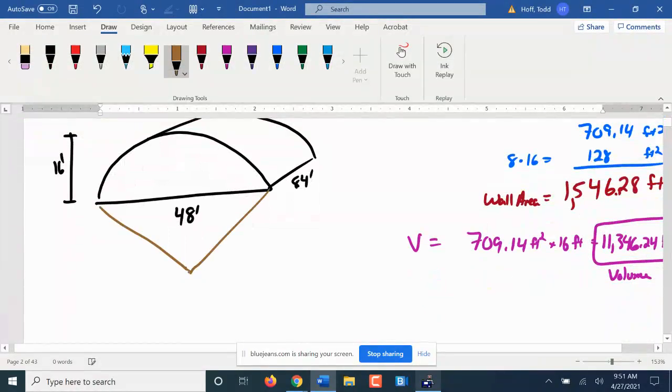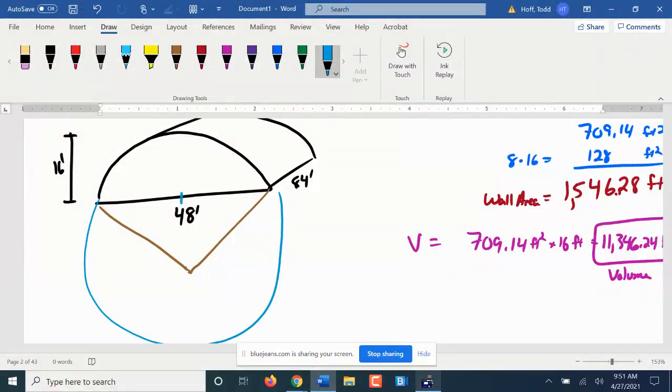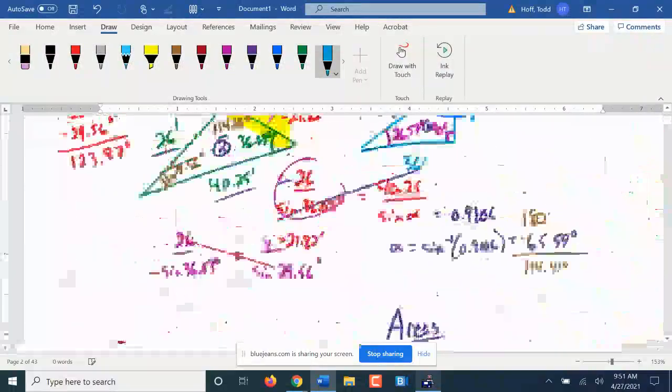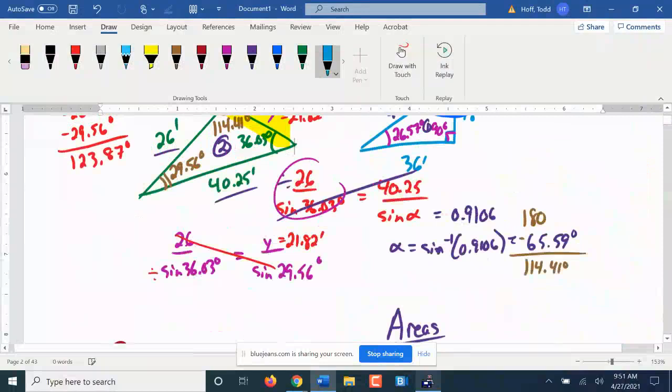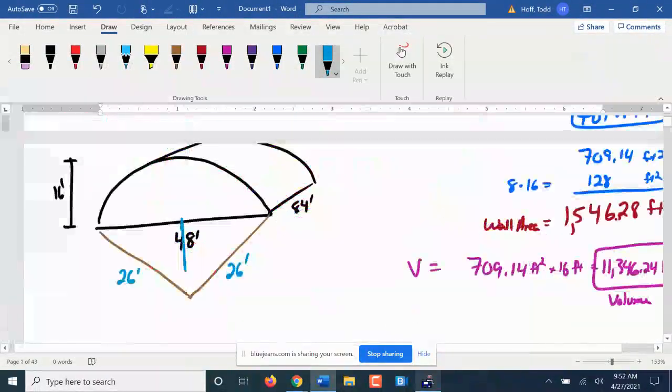So I need to find this radius here. Of course, I'm going to do that by finding the whole circle. We already found that radius, from the previous part, has to be 26 feet. Found that right up here. So I'm going to cut this here.